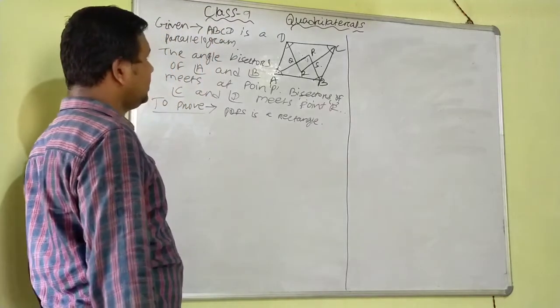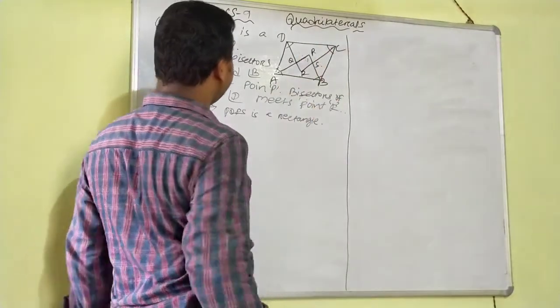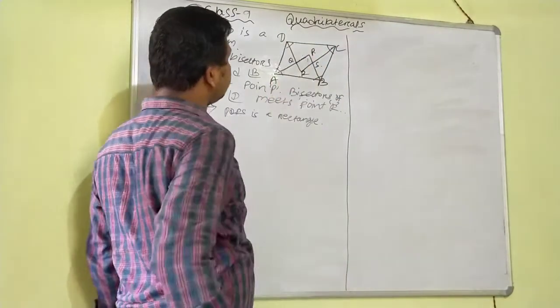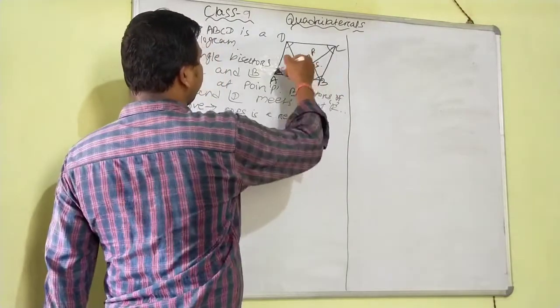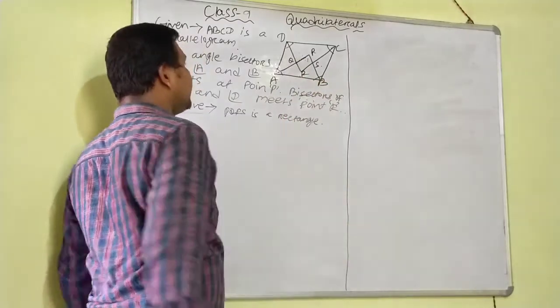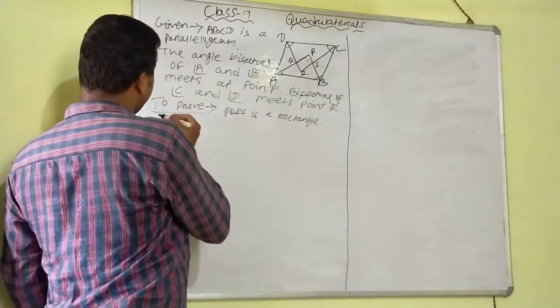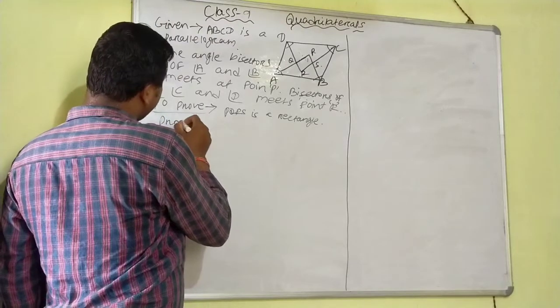So you know, dear students, already AB is parallel to CD and AD is the transversal. So angle ADC plus angle DAB is equal to 180 degrees. Now come to prove.